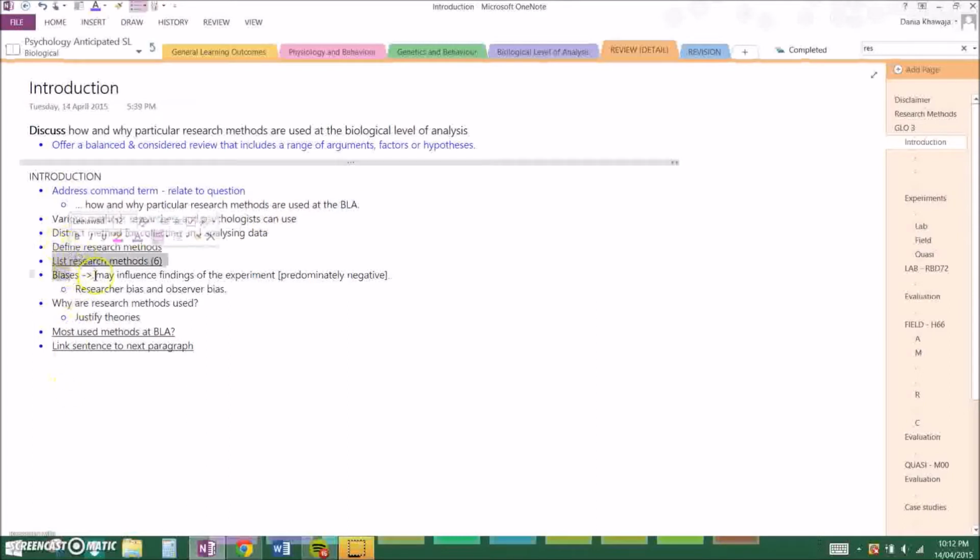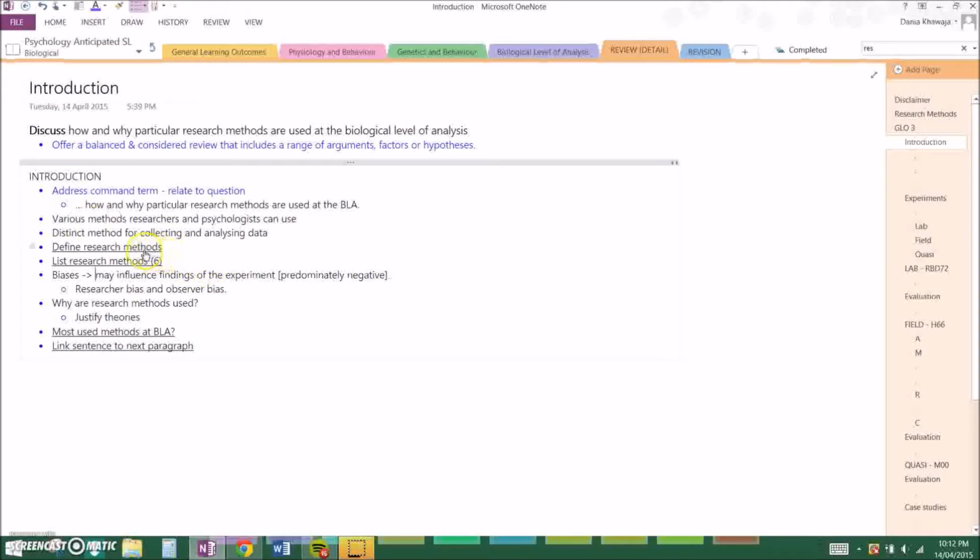So the next thing I went on to, sorry about that, is that there are various methods that researchers and psychologists can use to carry out experiments or observations, just different research methods, and researchers must have a distinct method before conducting research and collecting and analyzing data.